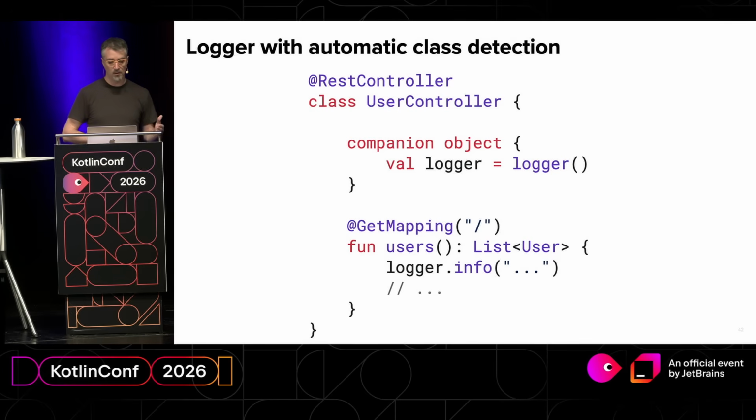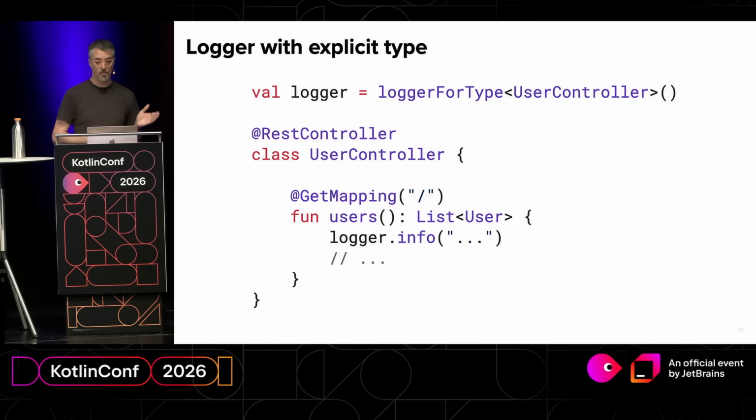And so when you want to use them, you have the choice to either use this logger with automatic detection of the class. So here it will be a logger for UserController without having to specify it. If you don't like companion objects like I do, you can put it outside of your class and use this logger for type variant that will create the logger. And that will work pretty well.